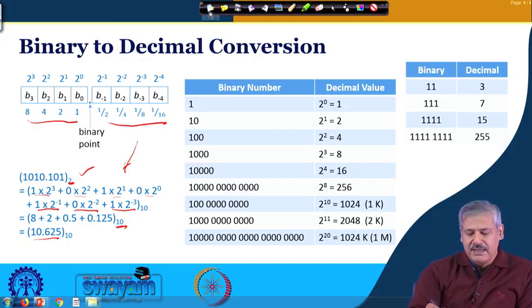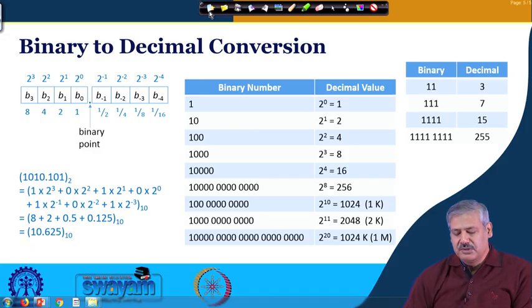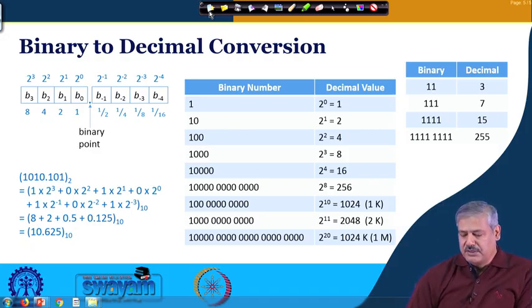Okay. And some important things in this conversion, the integer part over here, we keep in mind. Only 1 is 2 to the power 0, it is 1, 10 is 2, 100 is 4, 1000 is 8.